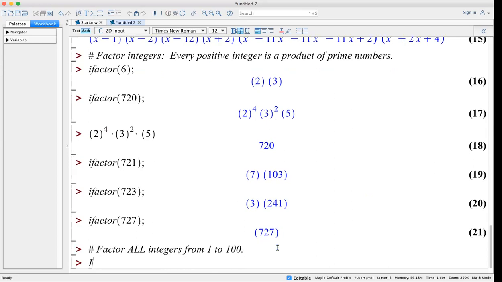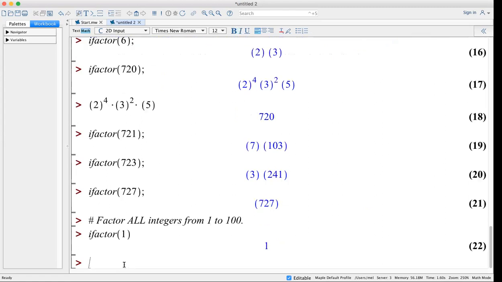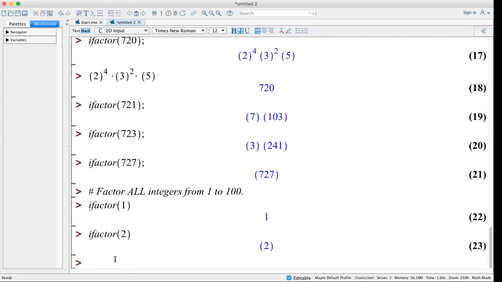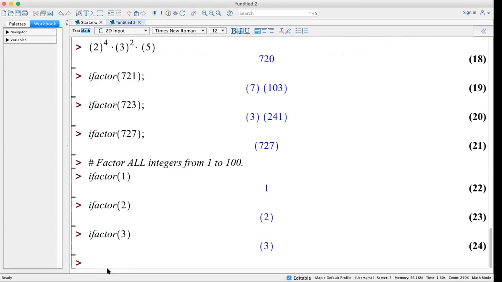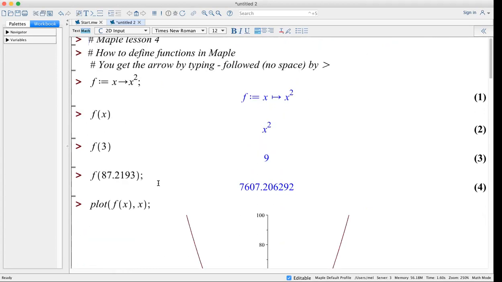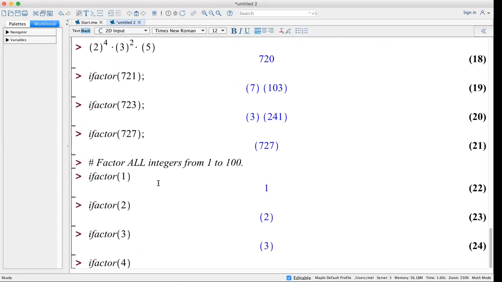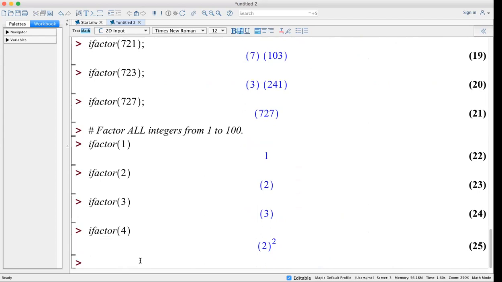So you could start going ifactor 1, ifactor 2, ifactor 3, ifactor 4, four is 2 times 2.